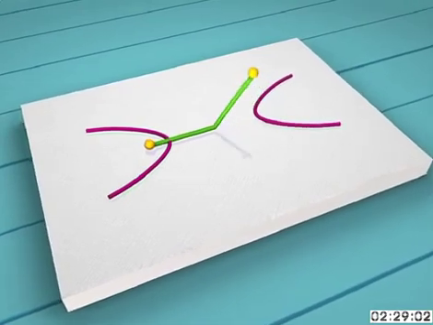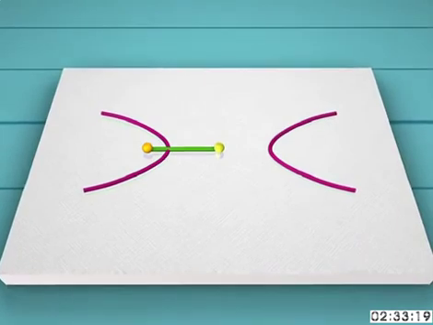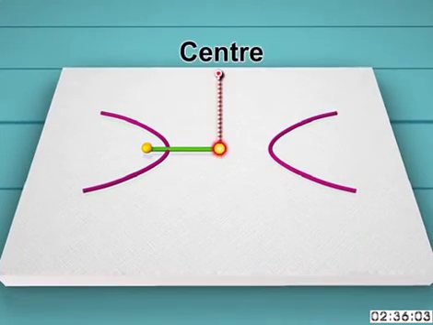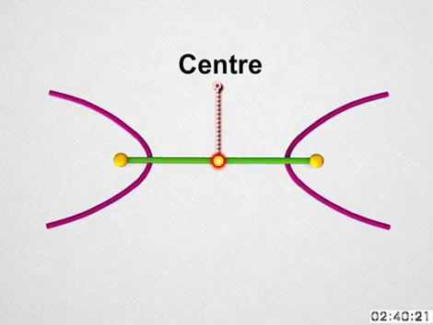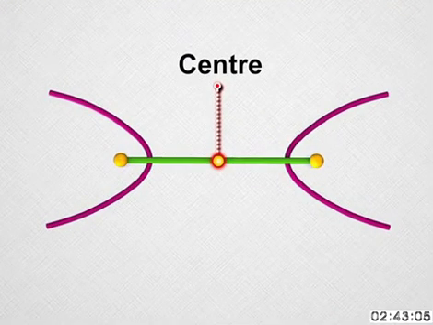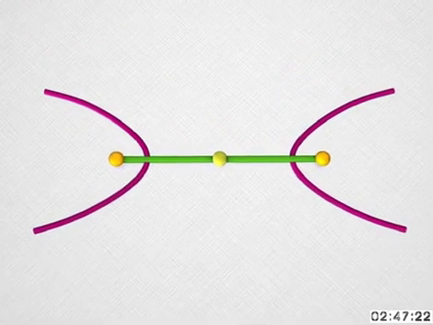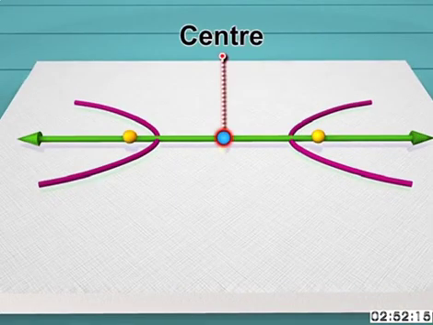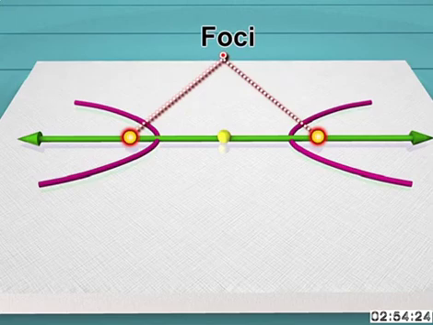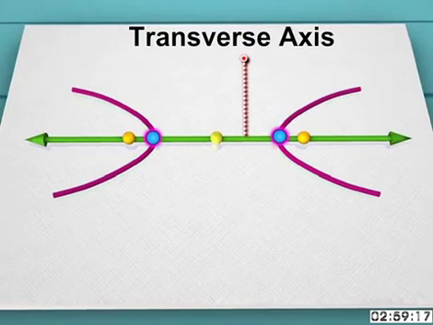The midpoint of the line segment joining the two foci of a hyperbola is called its center. The line passing through the center and the two foci is called its transverse axis. The points where the hyperbola intersects the transverse axis are called the vertices of the hyperbola.